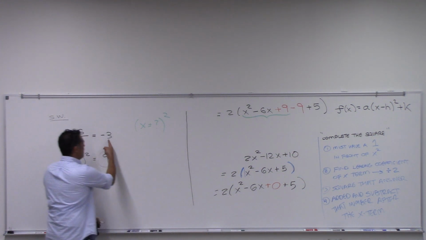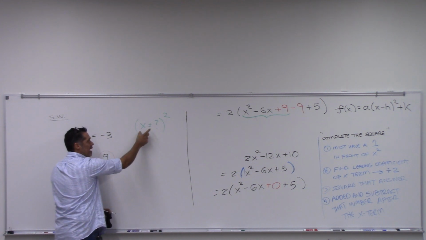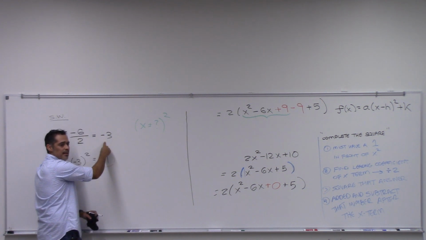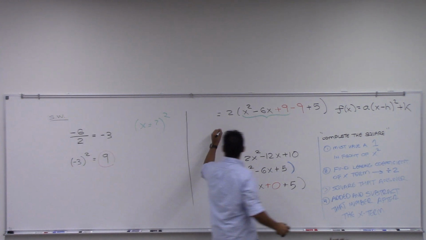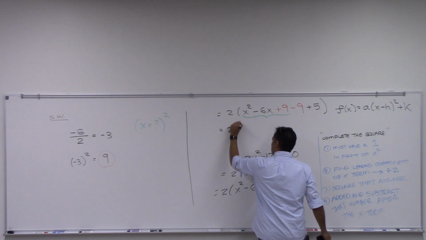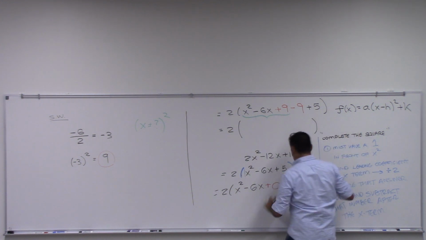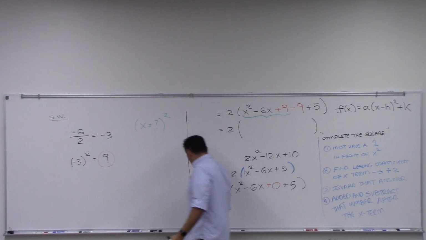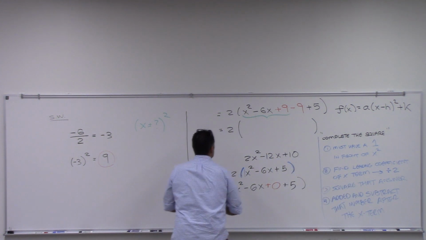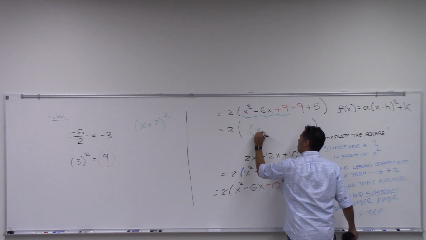See that first number we got? That's the number that will be in there with the parenthesis, with the x. So what I do here is I write this: 2, and be careful with the parentheses here. This parenthesis goes with this parenthesis. And now this in green turns into parenthesis x, what?